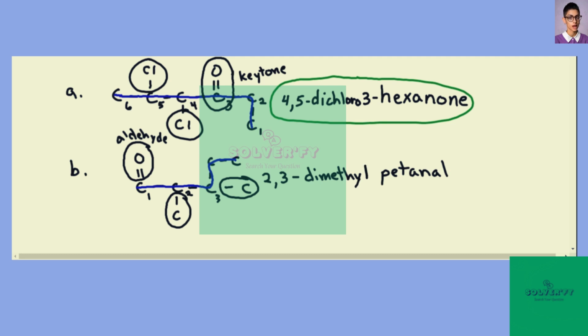So this is going to be 2,3-dimethyl pentanal. I lost an N in my pentanal. I knew it looked weird for a minute. All right, so it is pentanal. Let's try to clean that up just a little bit. That looks a little bit better. All right, so 2,3-dimethyl pentanal.